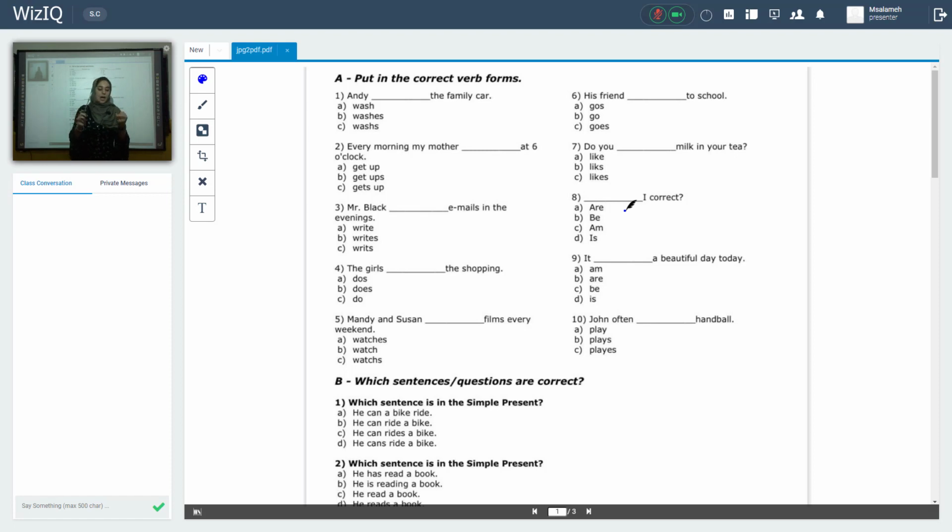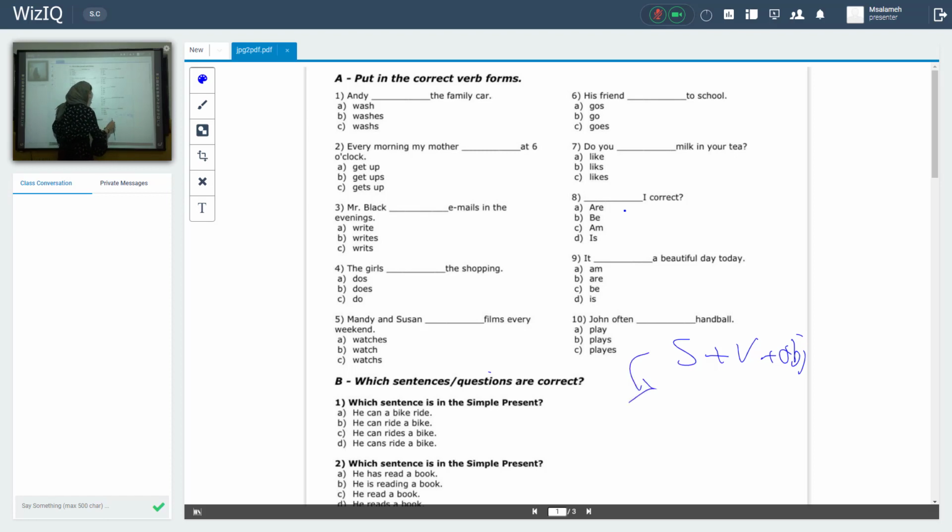And we talked about the form. Every sentence in the English language includes what? Subject plus verb followed by object. So we will make a difference in this form to make it a simple present.